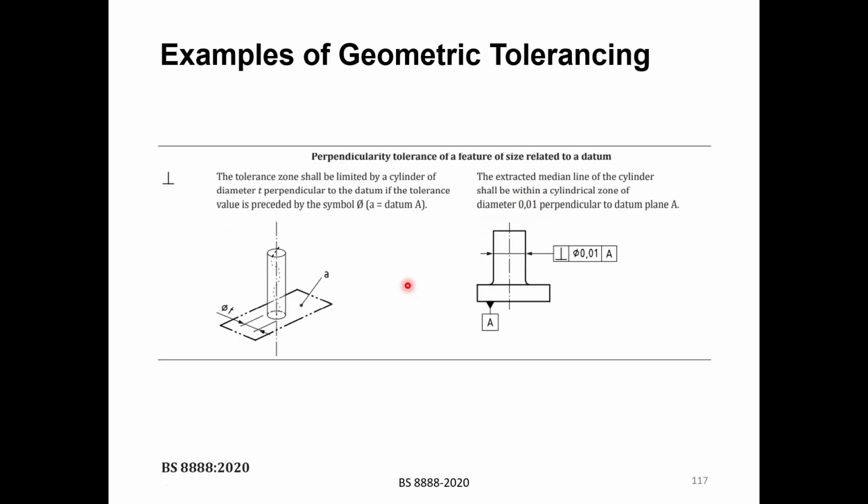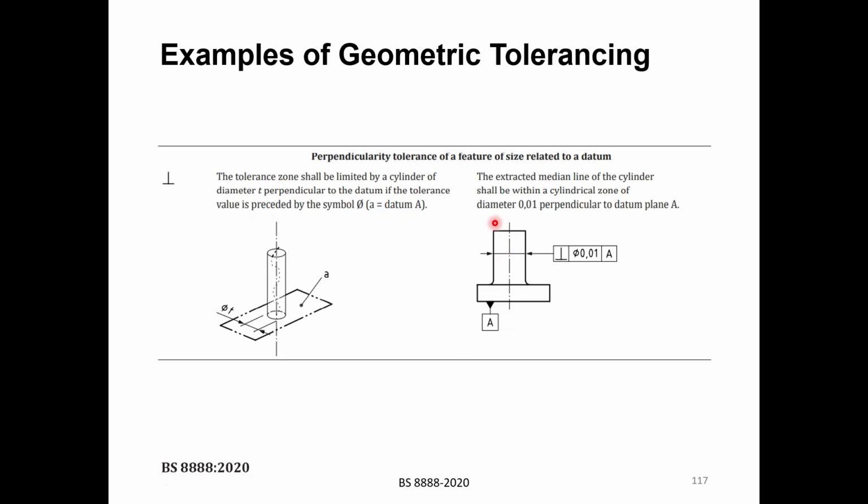Then the perpendicularity tolerance of a feature of size related to a datum. If you see here, the feature control frame is attached to this dimension. If it is attached to this dimension, it means we're talking about the median line.